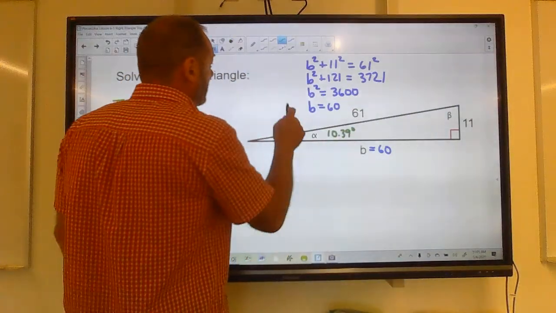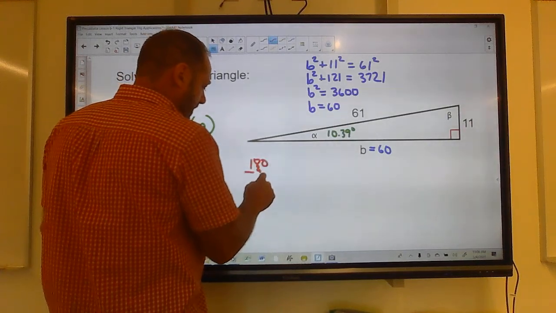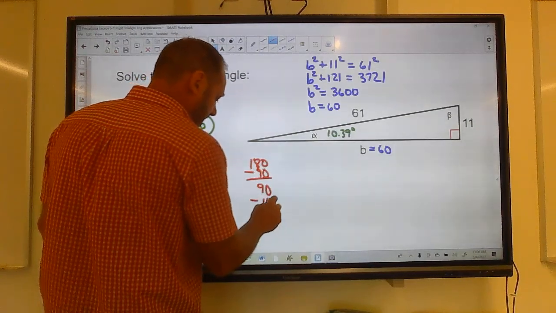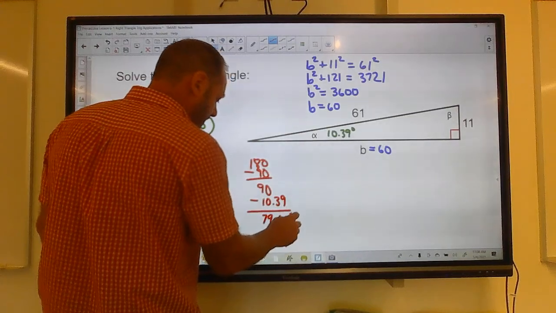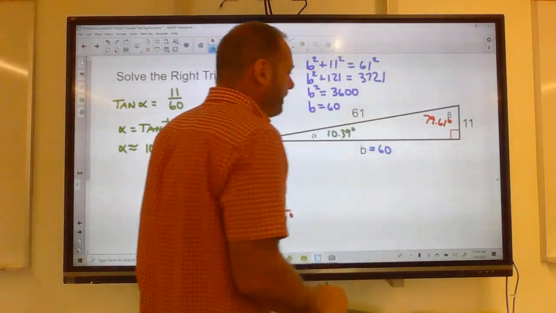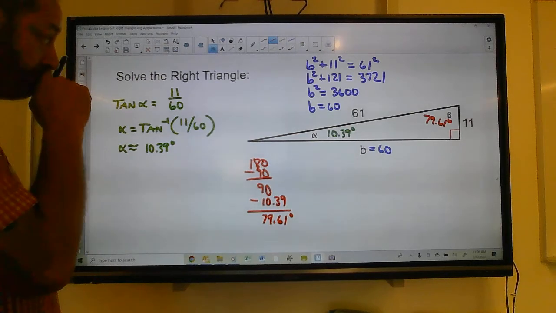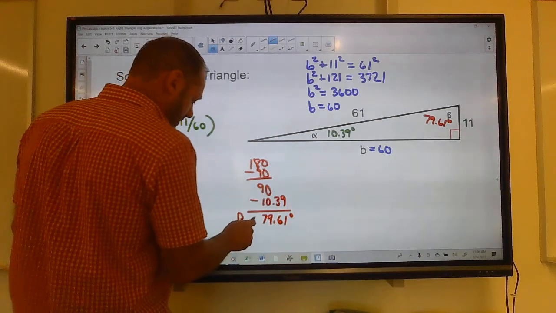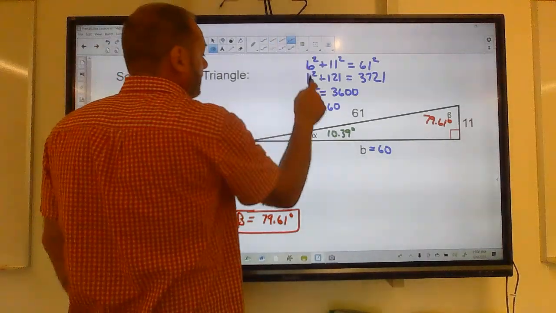So we're going to go ahead and just find beta by taking 180 and subtracting the 90 for that corner, so that leaves 90, and then subtracting 10.39, which leaves me with 79.61 degrees, and we're going to go ahead and write that right there. And now I've solved that triangle. I know all three angles, I know all three sides. So this is beta right here. And here's my B.